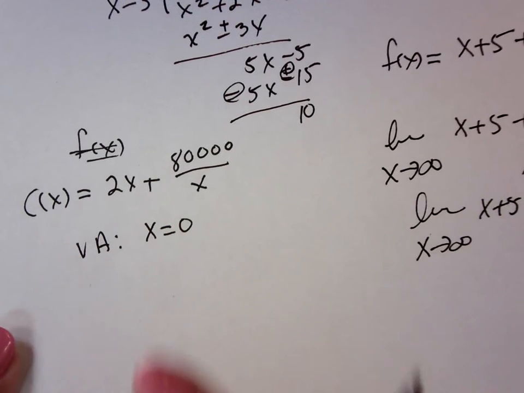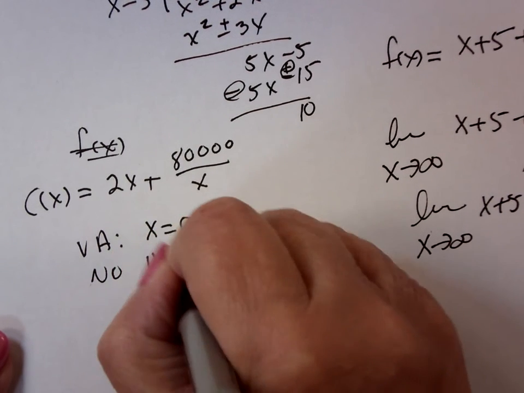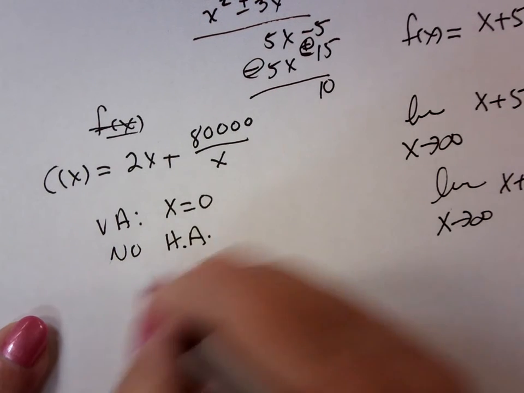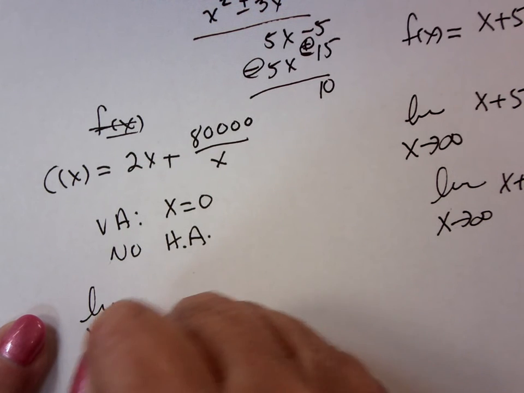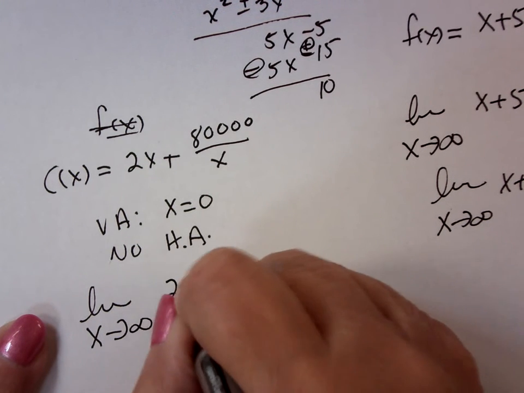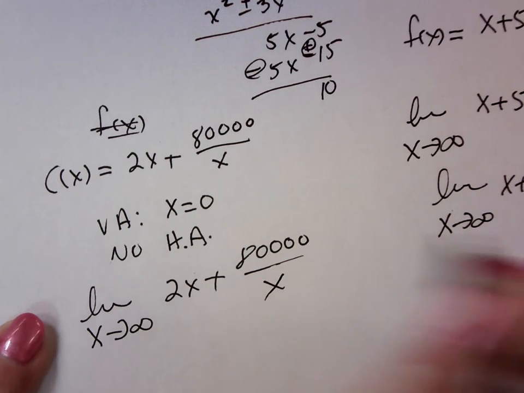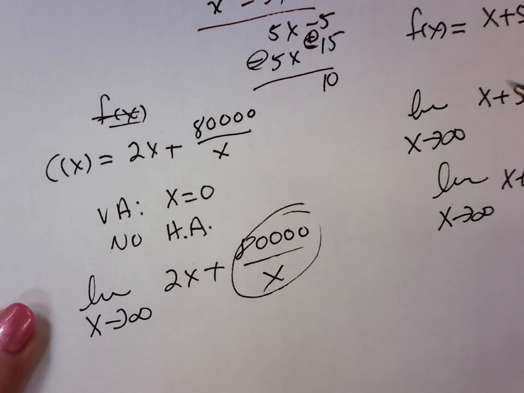So if that is the case, it has no HA. If I take the limit for end behavior as x goes to infinity of 2x plus 80,000 over x, what happens? This thing goes where? 0.